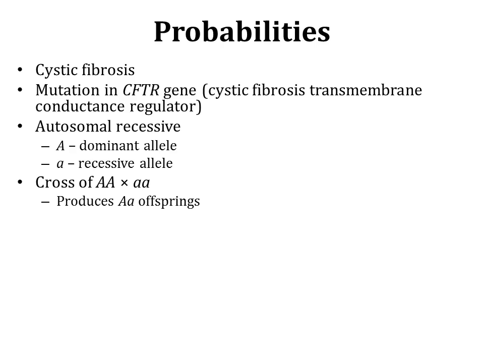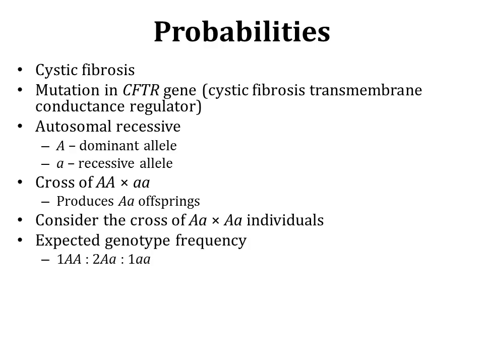So a cross of the homozygous dominant with the homozygous recessive produces heterozygous offspring, which is a common conclusion for autosomal recessive traits. Now consider the cross of two heterozygous individuals. The expected genotype frequency is one individual for AA, the homozygous dominant genotype, two individuals with the heterozygous genotype, and one individual with the homozygous recessive genotype.